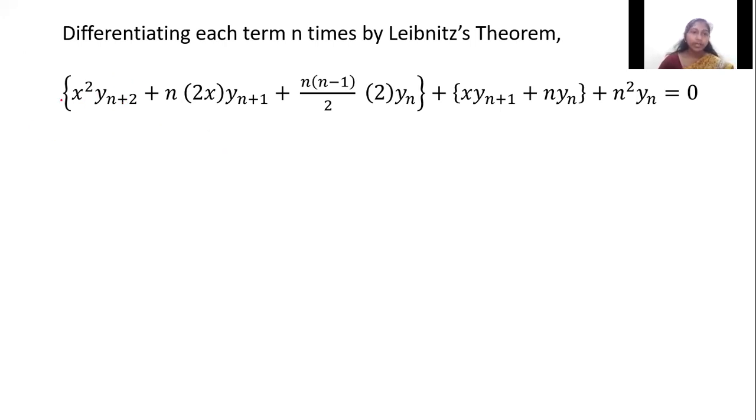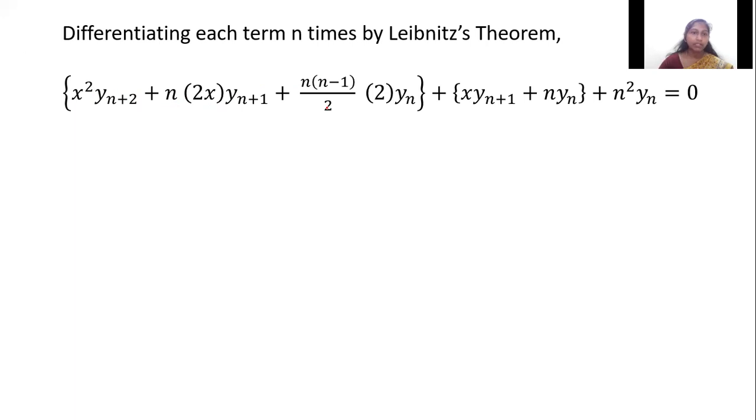Here x square, nC0 is 1, so I'm not writing it over here. So it is x square y n plus 2, the nth derivative of y2 is y n plus 2. Plus, now nC1 is nothing but n. Now the derivative of x square is 2x. Now one less of n, what can we get? y n plus 2 minus 1, which is nothing but y n plus 1.